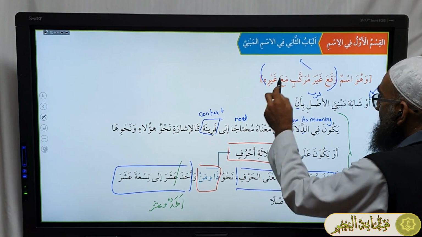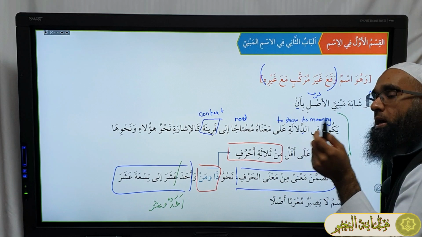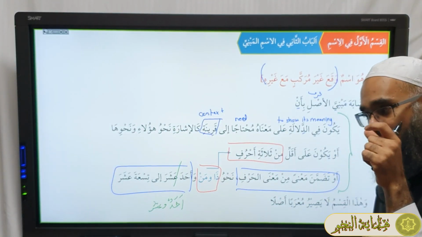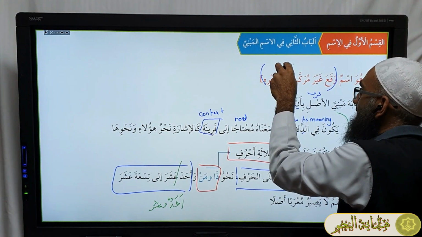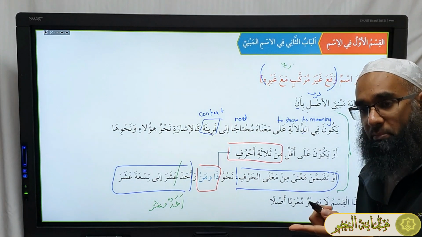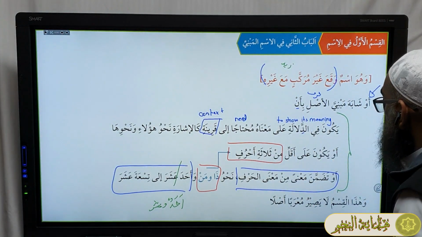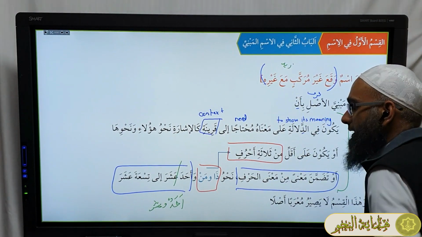So according to him, like this one, مَا وَقَعَ غَيْرَ مُرَكَّبٍ, they are مَبْنِيٌّ بِالْفِعْلِ مُعْرَبٌ بِالْقُوَّةِ. Currently, they are mabni when they're on its own, according to the opinion of Zayd. But when you put it in a tarkib, it becomes mu'arab. So this is both mabni and mu'arab, according to his definition. But these never become mu'arab. These are always mabni.